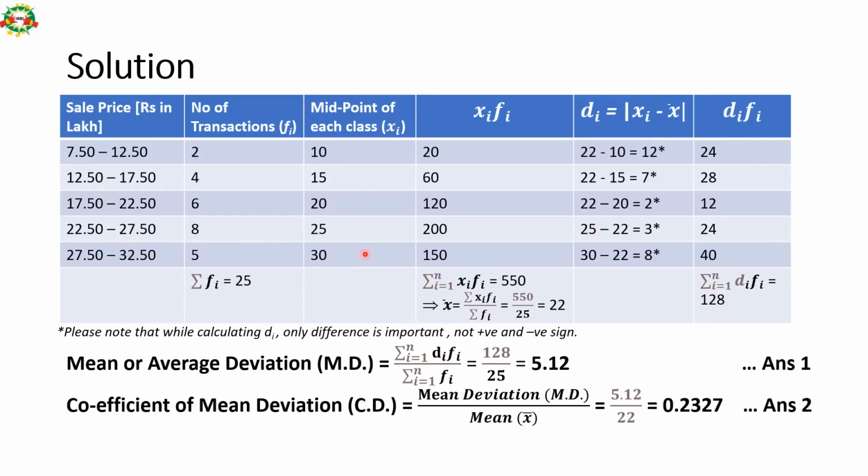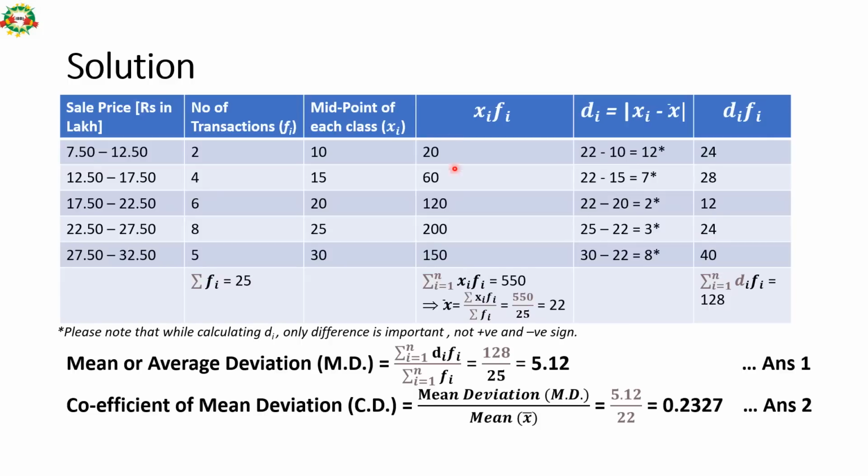First you have to calculate this one. This is xi, and the number of transactions is frequency fi. So we have to multiply xi fi. So x1 f1 is 20, x2 f2 is 60, x3 f3 is 120, x4 f4 is 200, x5 f5 is 150.